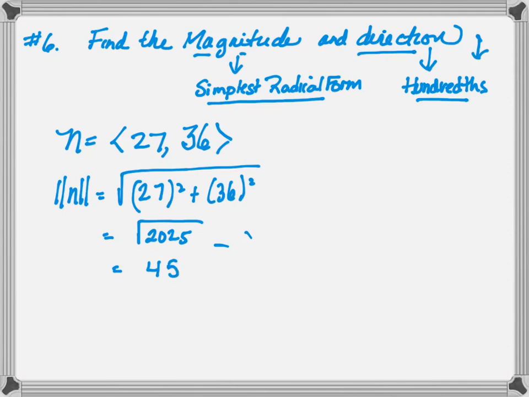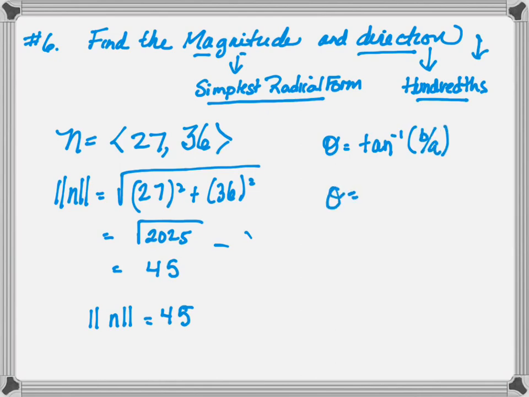So 45 is the magnitude, so let's write that down here in the right way. Put your little magnitude symbols, 45. And let's now find the degree. So if you remember, the degree is inverse tangent. Theta is inverse tangent of b over a.